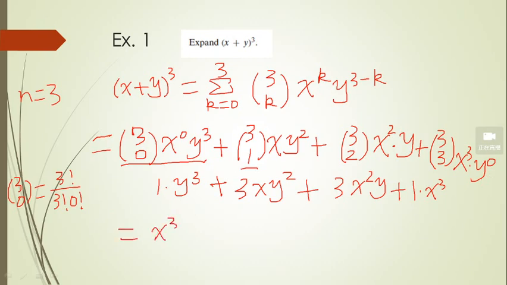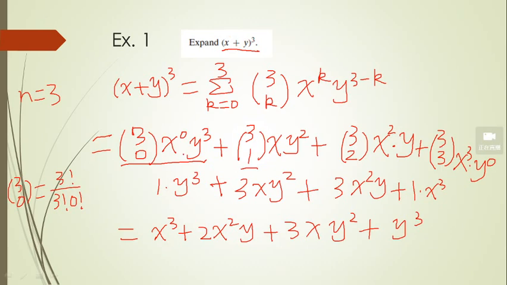And usually we would write it this way: 3x squared y, putting the decreasing order for the x exponent and the increasing order for the y exponent. So this formula is easy without the binomial series knowledge. I believe everyone knows this cubic equals this one.